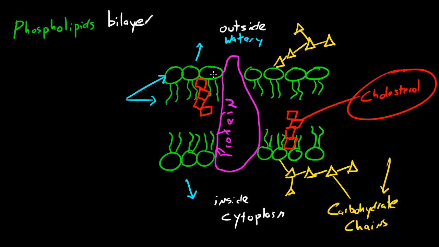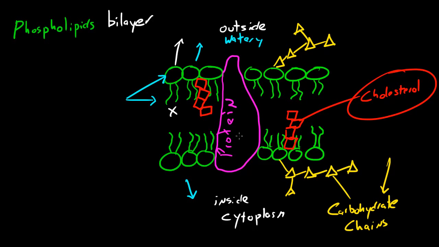So for now, of course, the main part of your cell membrane is this phospholipid bilayer, and the phospholipid bilayer has heads and tails. Each phospholipid, the heads attract water, the tails repel water, so that's why you have two layers that are arranged like this. Your proteins, of course, they do a lot of different things. We'll talk about those later on in the next tutorial, actually, exactly what they do.